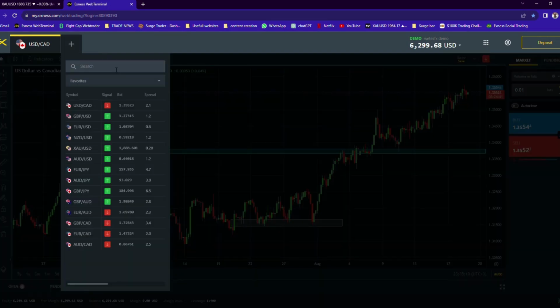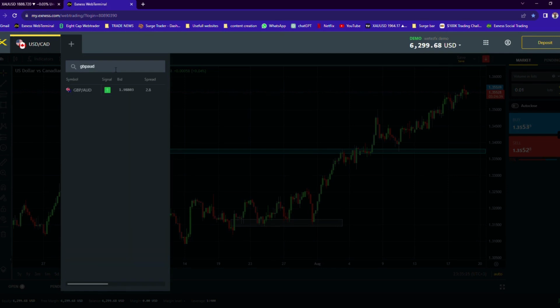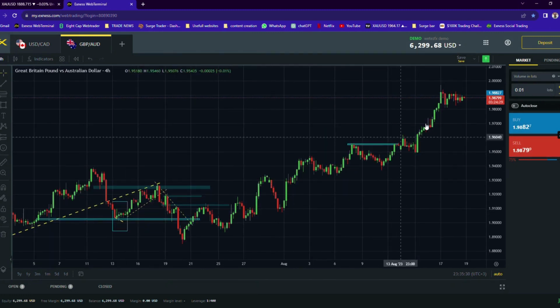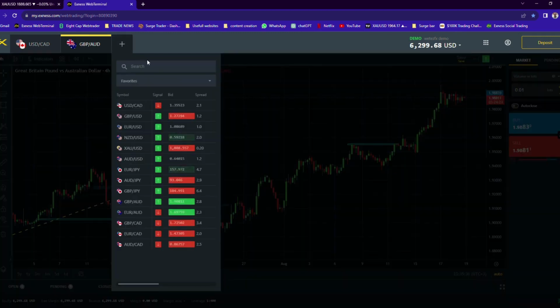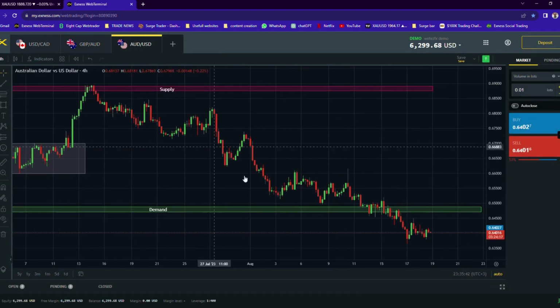Also, let's try to look at GBP AUD. If you look at GBP AUD, you can see that huge run right there. This was caused by the decrease of interest rates on the Aussie dollar, and you can see how that impacted the whole trajectory of AUD.